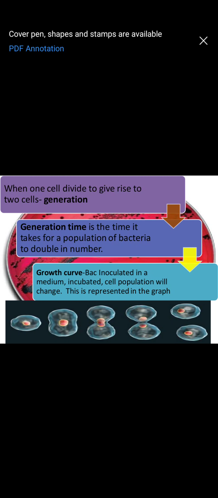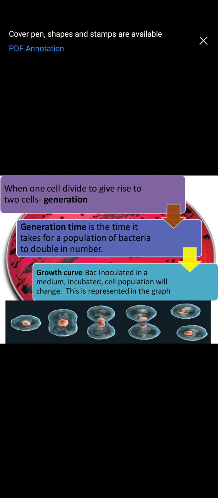What is growth curve? When we inoculate the organism into a fresh medium, the bacteria go through various phases. There is a change in the number of cells that we see through the duration. As time increases, there will be a change in the number of cells. This change could be an increase in number, or a constant number.